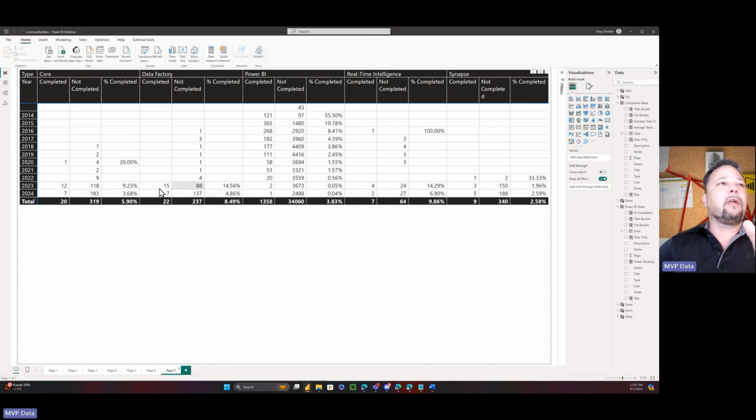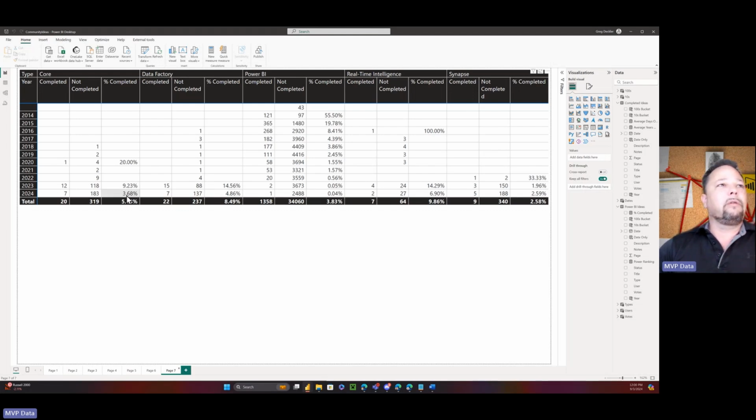And it's really evident. In 2023, ideas that were core had a 9% completion rate. Data Factory had a 14% completion rate. Real-time intelligence, 14%. Synapse, 2%, right? Versus Power BI, 0.05%. And that's like 2 or 3 orders of magnitude difference, right?